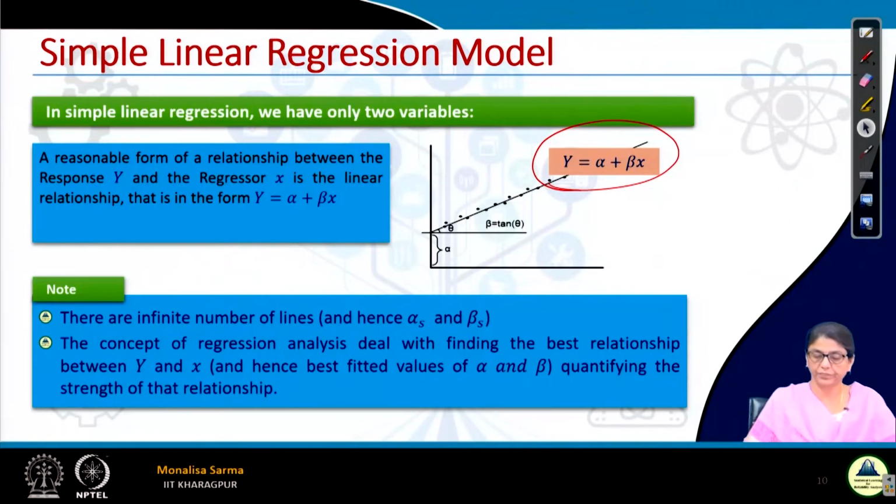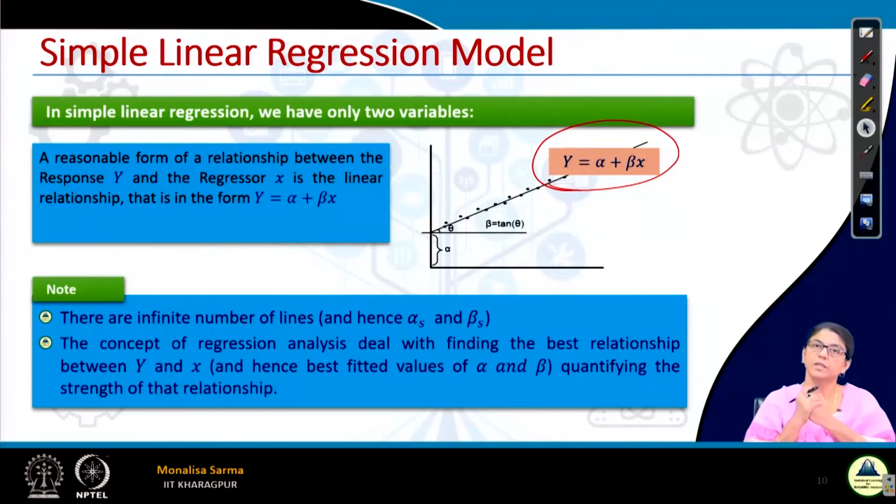But if you just plot the points, whatever data we have, based on the data we have plotted the points, and we have tried to find out the line that crosses through these points. But you may see there may be infinite lines that may cross through these points, because it is very rarely the case that all the points will fall on a straight line that we have modeled. So when that is not the case, there may be infinite lines that will cross through these points.